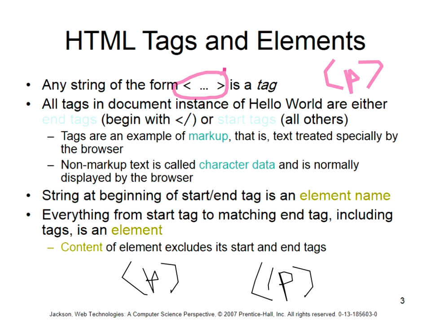This is a start tag, P, and this one is the end tag. Non-markup text is called character data and is normally displayed by the browser. The string at the beginning of a start tag is an element name. Everything from the start tag to the matching end tag, including the tags, is an element, and the content of an element excludes its start and end tag.